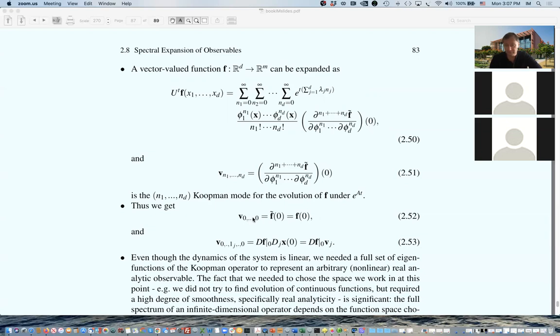So the 0, 0, 0, 0 mode is really just the value of the observation that the system gets asymptotically, precisely at the equilibrium point. And we will see that that's a very general story.